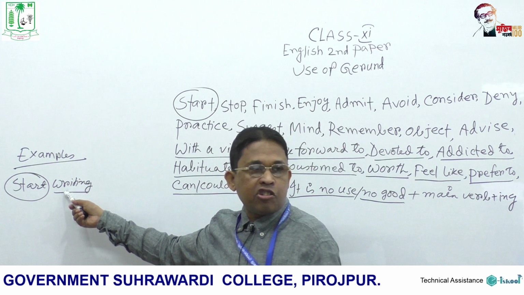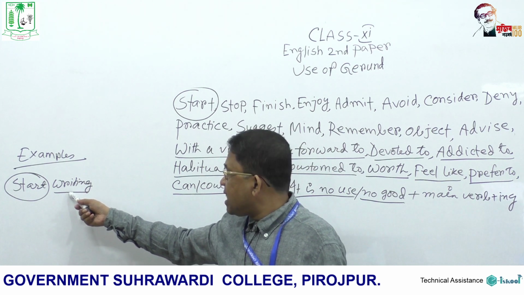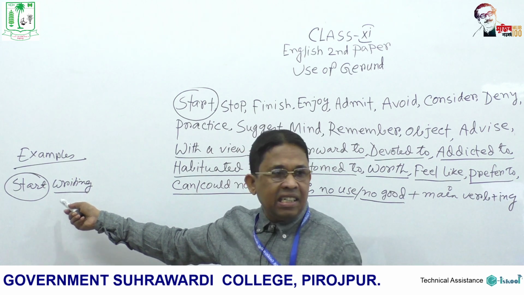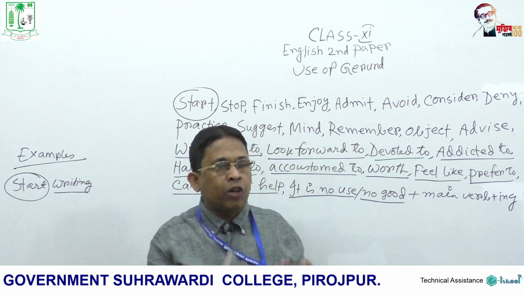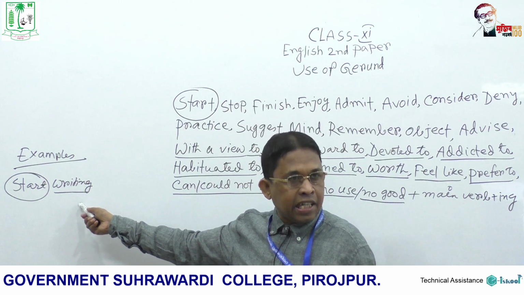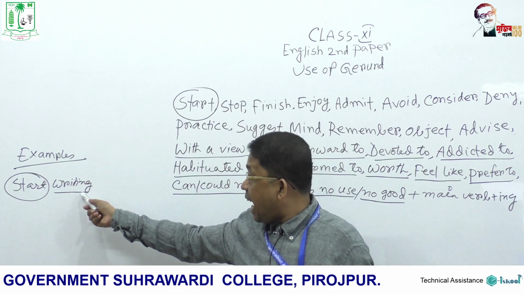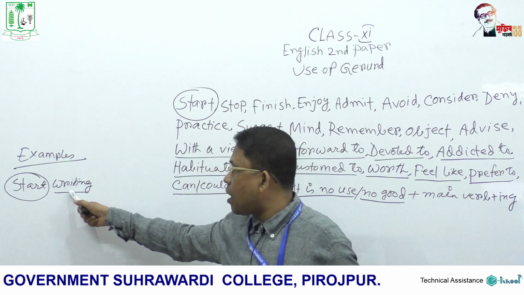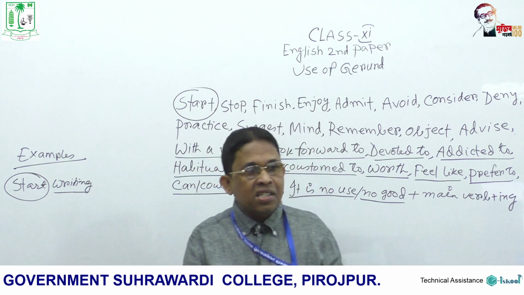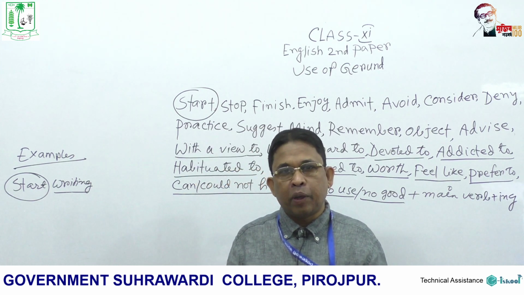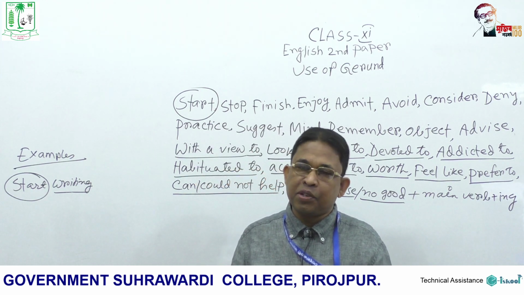So this is a gerund because it has been used in the place of object. This writing derives from the verb write, and it also ends in ing, and it acts as a noun. That is why it is a gerund. So gerund has to fulfill three conditions to be gerund.